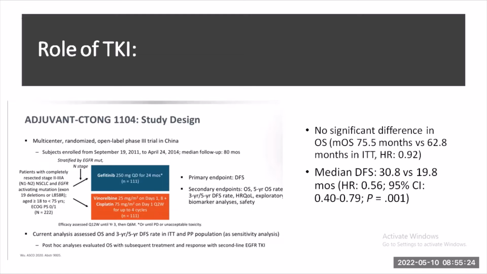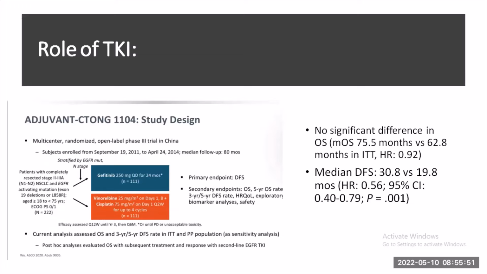The median OS was 75.5 months versus 62.8 months in the intention to treat population. There was a significant difference in median DFS, 30.8 months versus 19.8 months, with a hazard ratio of 0.56. But because we are using this in the adjuvant setting, we want OS benefit, which is not seen with gefitinib.